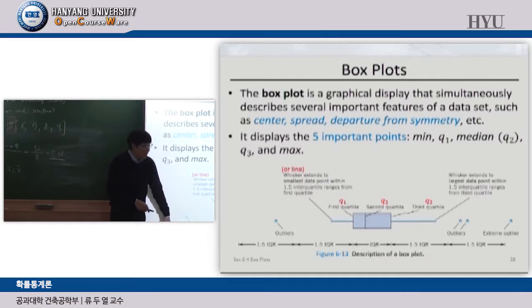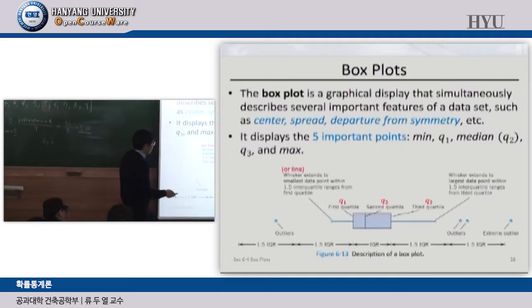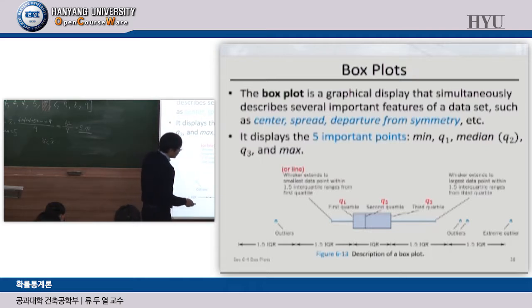Also, we can have the same range on the maximum side, which means that this is also 1.5 times the interquartile range from the third quartile here. And this is the largest data point within 1.5 interquartile ranges from the third quartile.